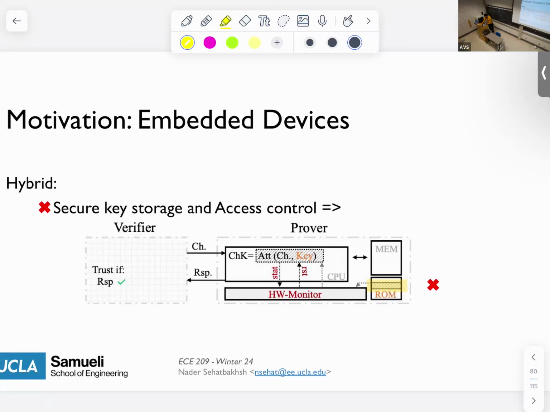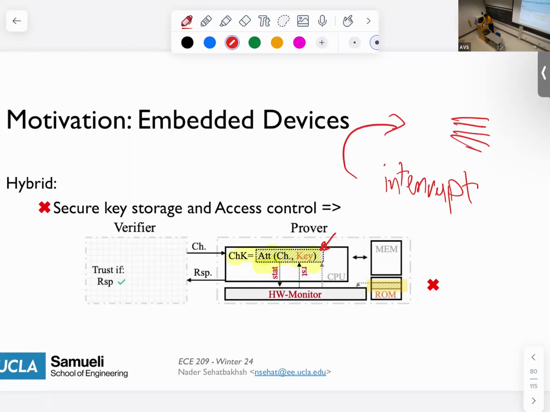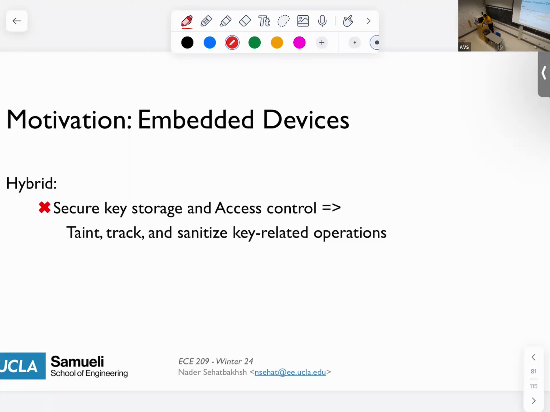So there are two problems. One was that this process needs the key and access to storage. In other words, every time we need to compute something, we need to use the key. And if you remember, I told you that this means I cannot do the interrupt, because every time I do the interrupt, I need to remove the key and restart the process from the beginning, and that was an issue.